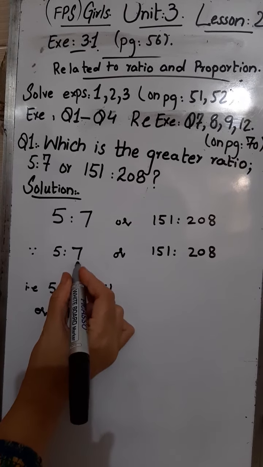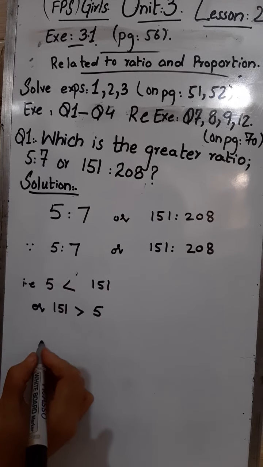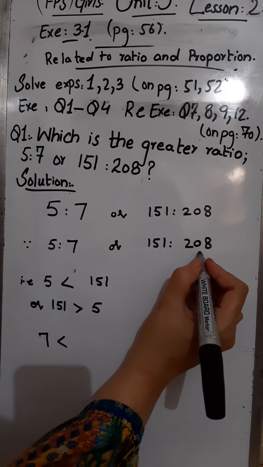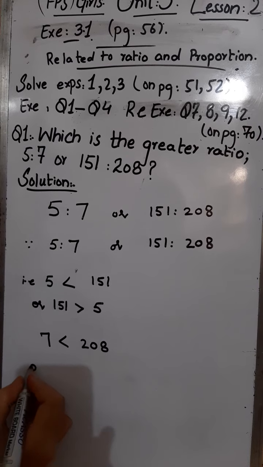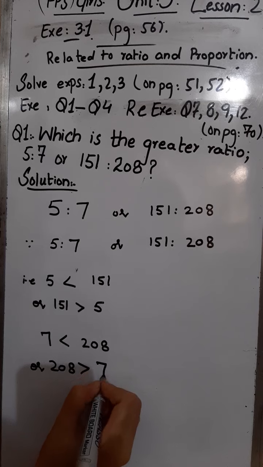And when we check the second quantity in the first ratio, that is 7, 7 is also less than the second quantity of the second ratio, which is 208, or 208 is greater than 7.